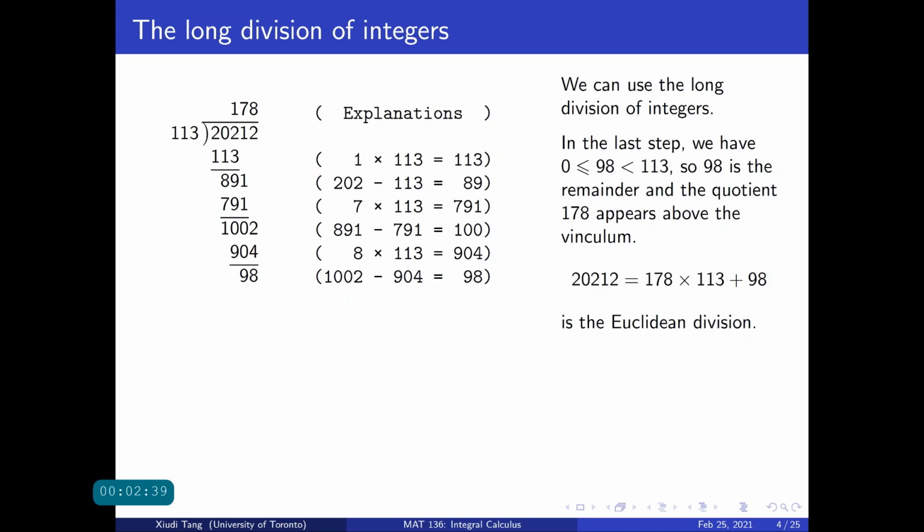So in the end, we would subtract 178 times 113 from 20,212, and we would have the number 98 left. The 98 is less than 113, so it's the remainder.